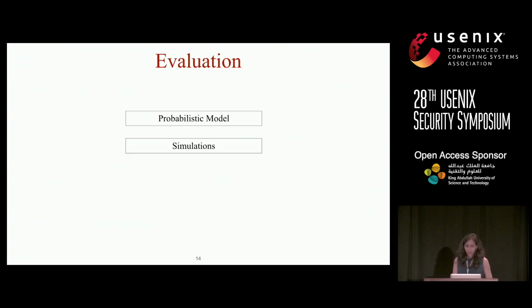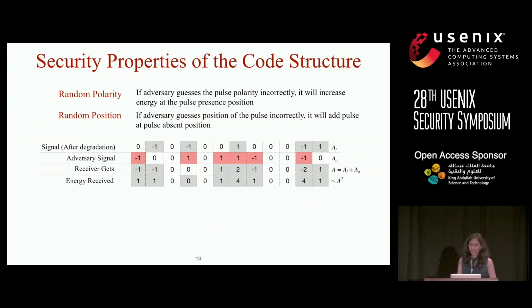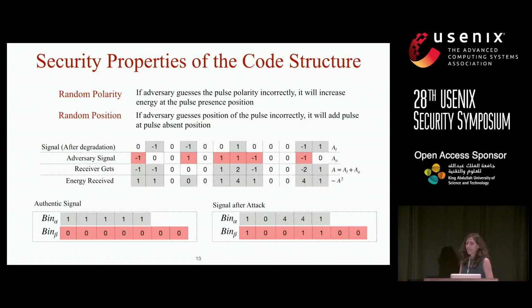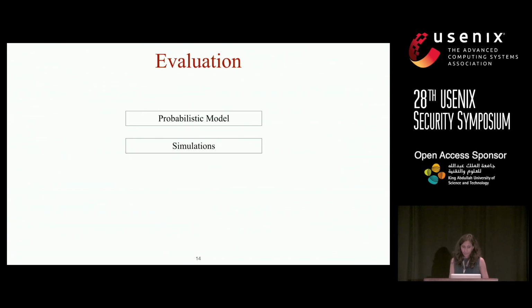So we can say that it is hard for the attacker to achieve this goal of not increasing the energy too much and still changing the code structure. To analyze this, we use a probabilistic model as well as performed simulations.